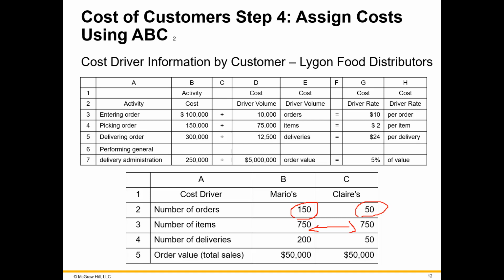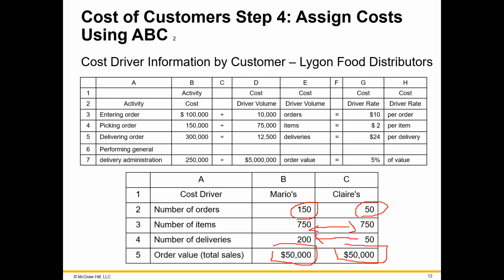And that's also evident in the number of deliveries. Claire's only needs 50 deliveries, whereas Mario's needs 200 deliveries. So it's quite a different picture when you look at the numbers in depth rather than just looking at the order value of $50,000. It tells quite a different story.